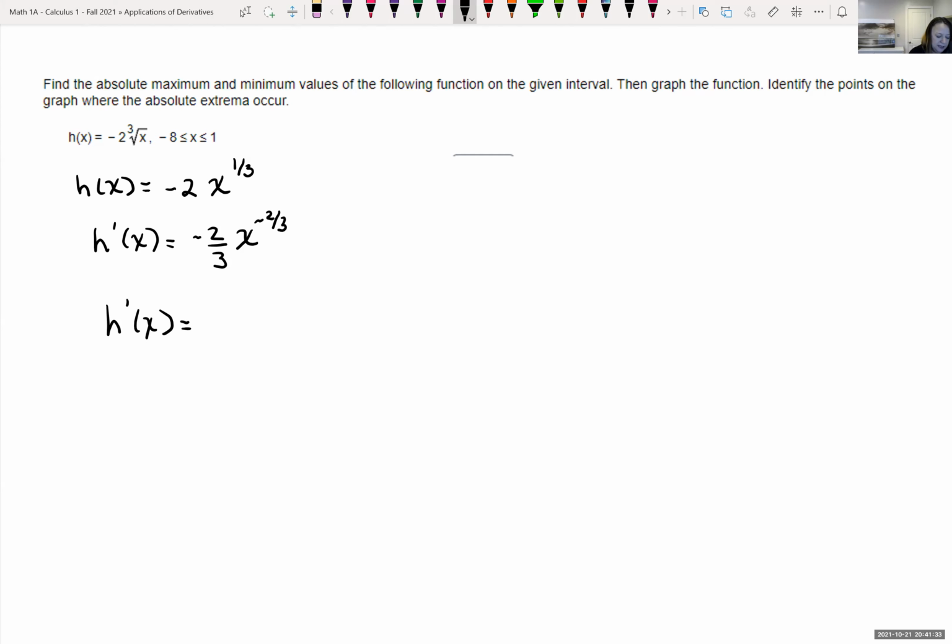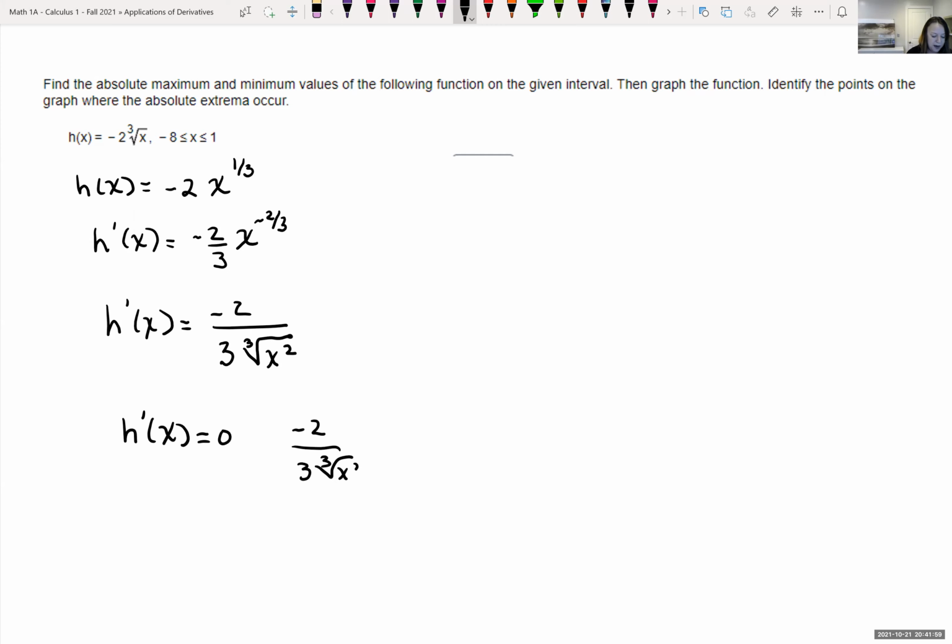So just rewriting this, cleaning it up a little, we have -2 all over 3, and we have the cubed root of x squared. So our critical numbers occur when h prime of x, our derivative, is equal to 0. Well, this is never equal to 0.